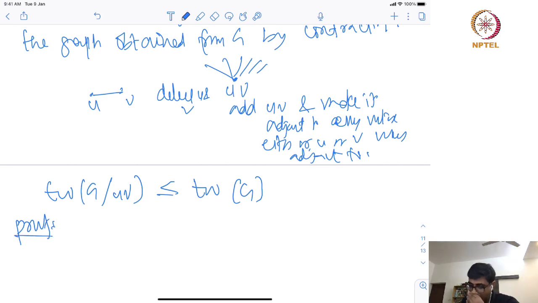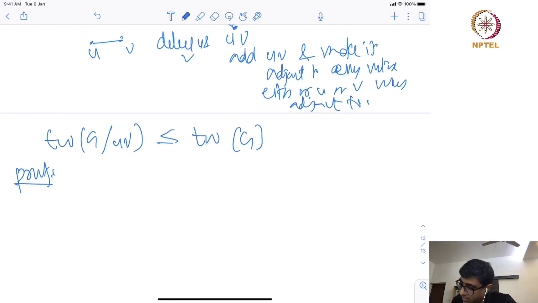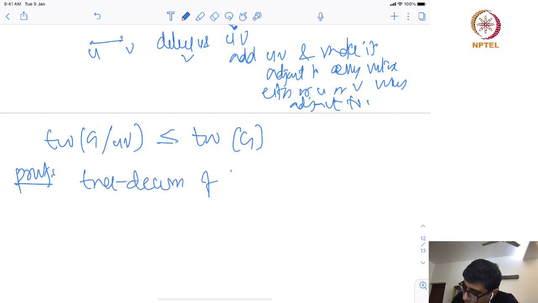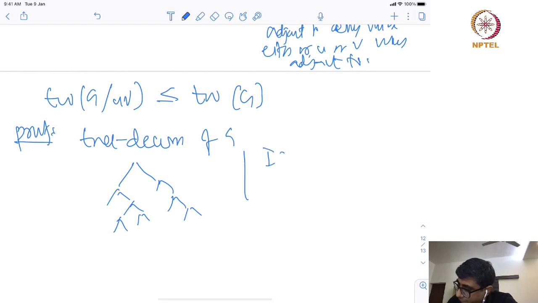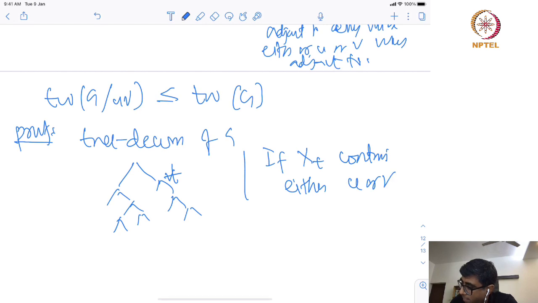Now, look at the tree decomposition of G. If some X_t contains either u or v, replace it with uv.